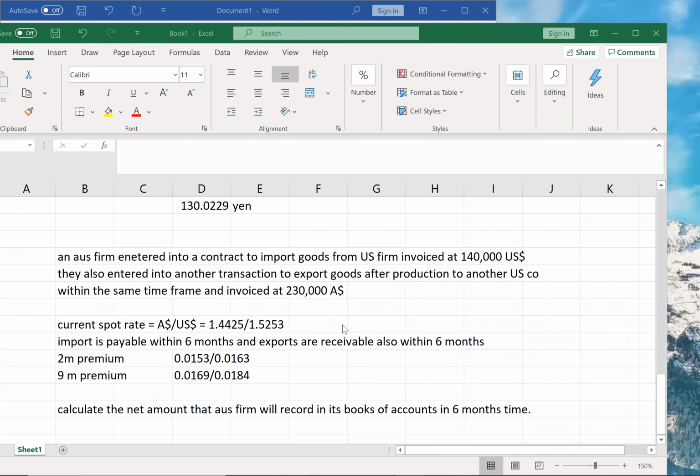I have purposefully given this confusing problem because it will clear all the concepts that we have done till now.